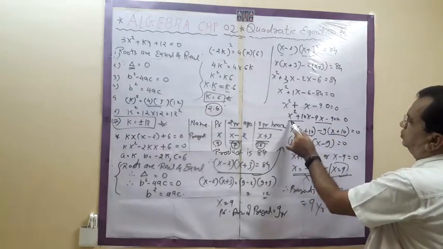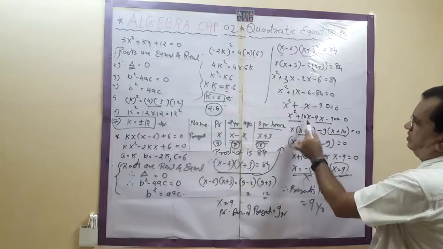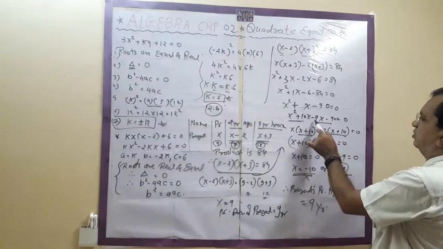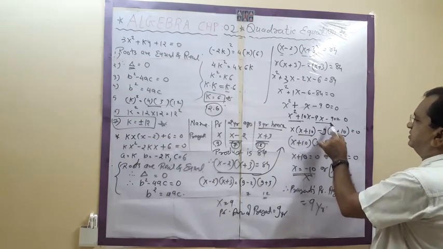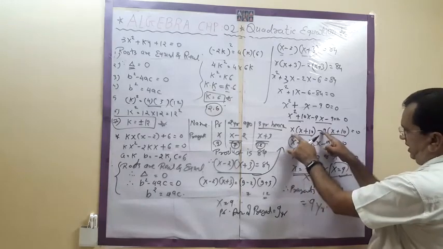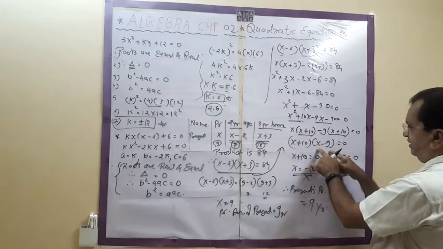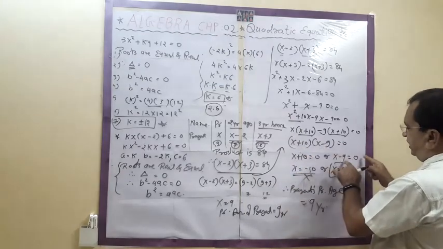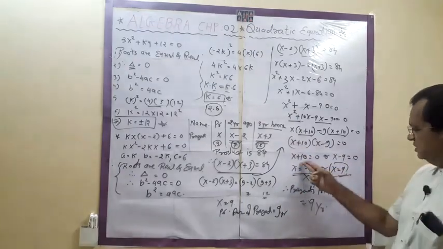Correct? So common of common. From here I have taken x common. From here I have taken 9 common. Minus 9 is common, so minus times minus. So again common I have written here and I have made one new bracket. x minus 9 is equal to 0. So first bracket can be 0 or second bracket can be 0. So this is minus 10.